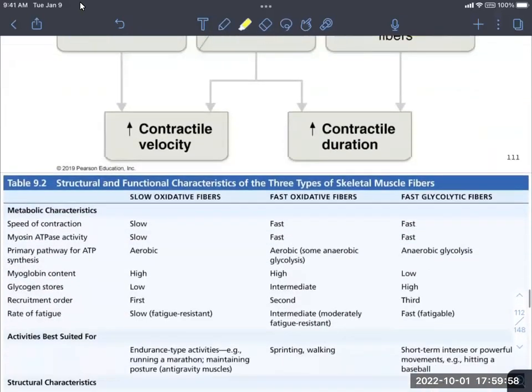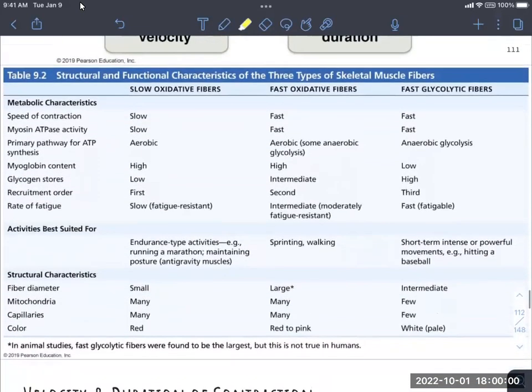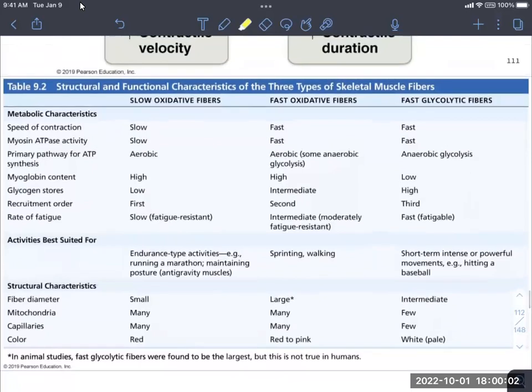So here's each of the different fiber types. This chart is direct from your book. And it talks about, say, speed of contraction, that myosin ATPase activity. So that ATPase converts ATP to ADP plus phosphate from those myosin heads.